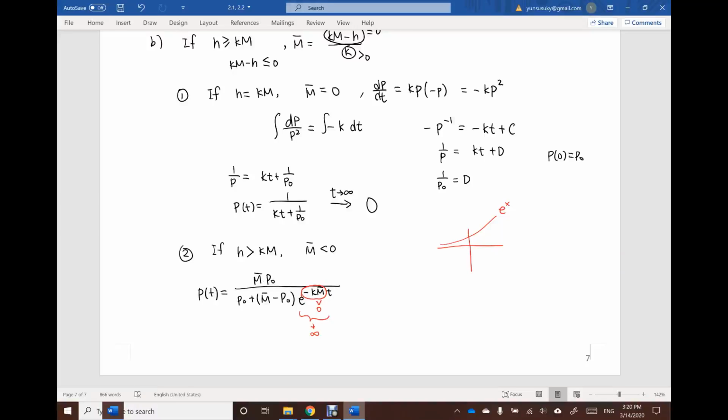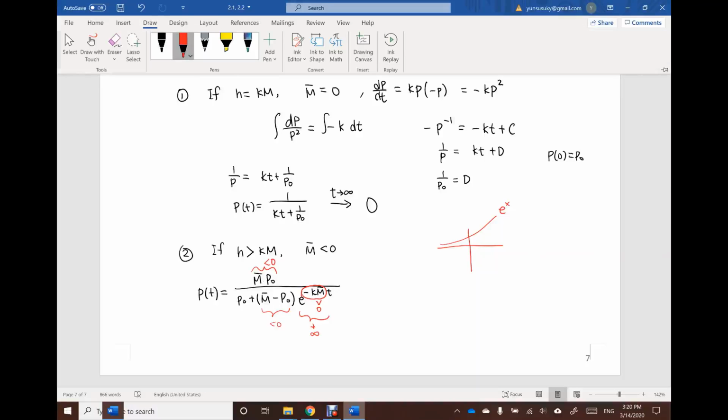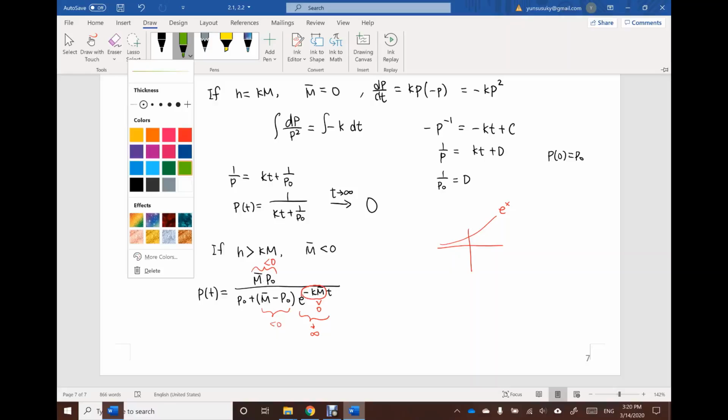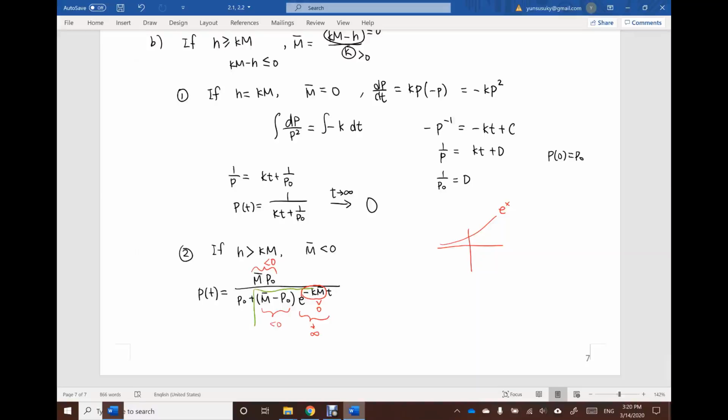And because m hat is negative, m hat minus P0 will be a negative number, and the numerator will also be a negative number. But when t goes to infinity, this term is the dominant term, because the factor e to the minus k m hat t goes to infinity, so it dominates.